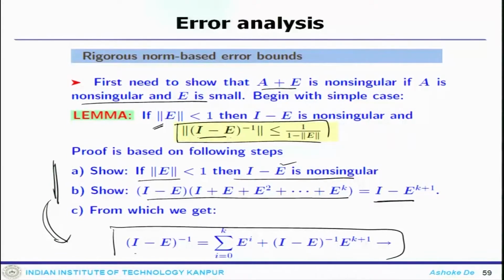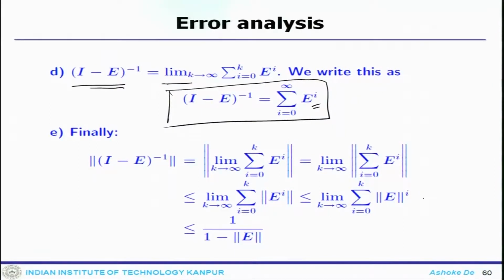Basically, you expand this term and you get I minus E to the power k plus 1, and when you take the limit, this becomes the sum of E to the power i.